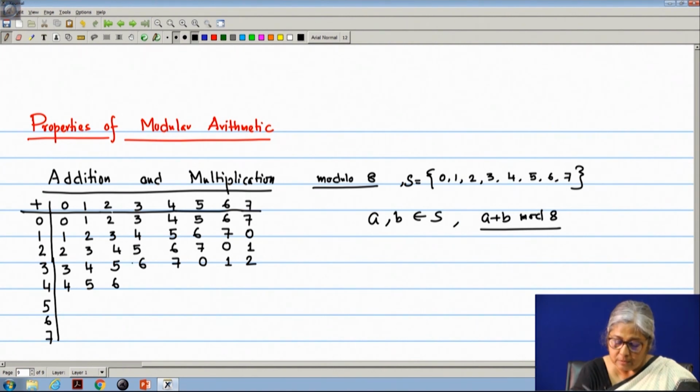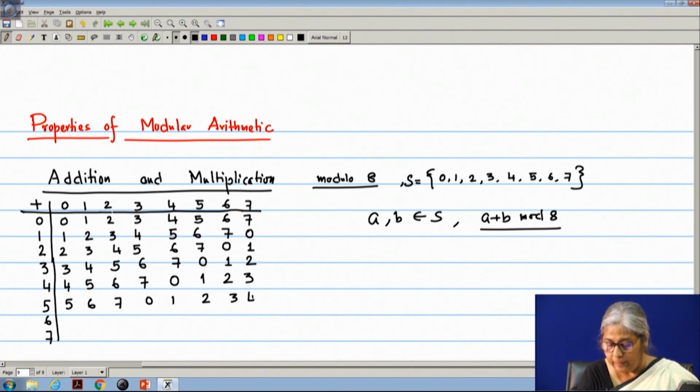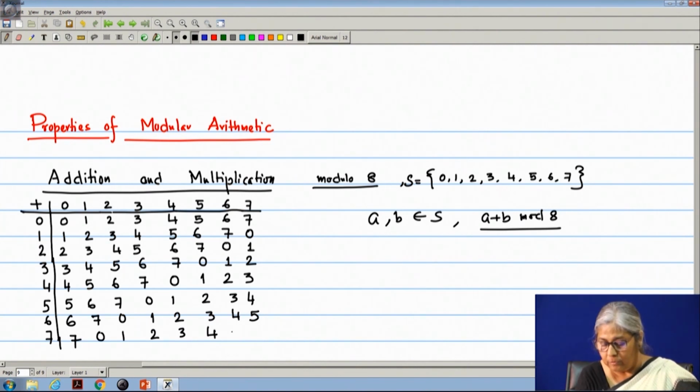This is 4 plus 3, 7, and 7 modulo 8 is 7, 8 modulo 8 is 0, then 1, 2, 3. Then 5, 6, 7, then 0, 1, 2, 3, 4. Then 6, 7, then 0, 1, 2, 3, 4, 5. Now 7, then 0, 1, 2, 3, 4, 5, 6, because I am taking modulo 8.